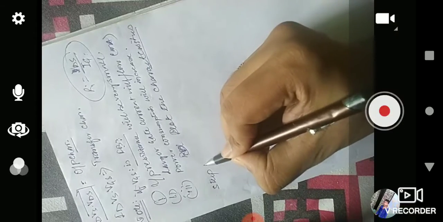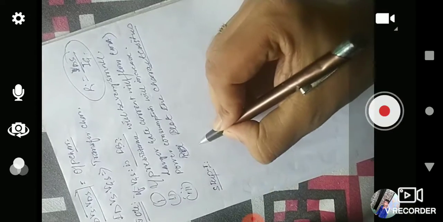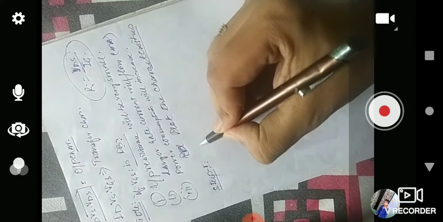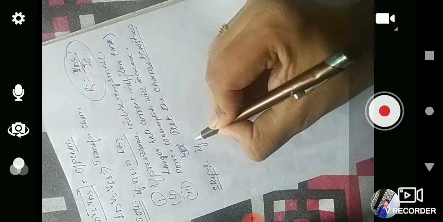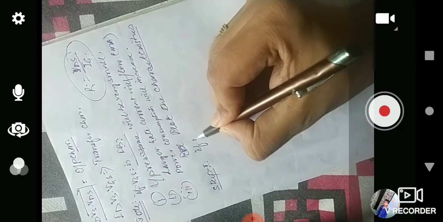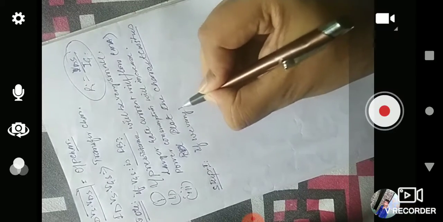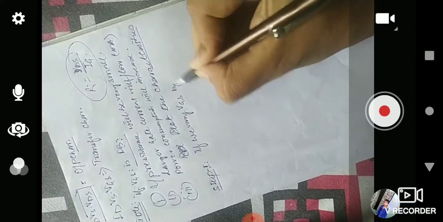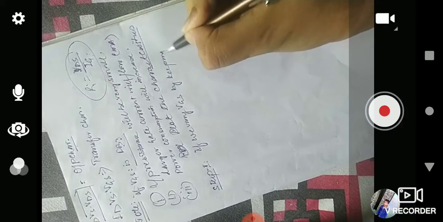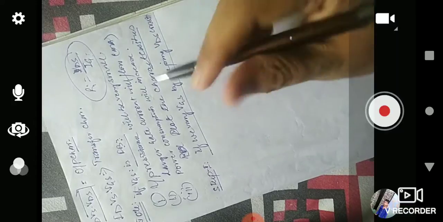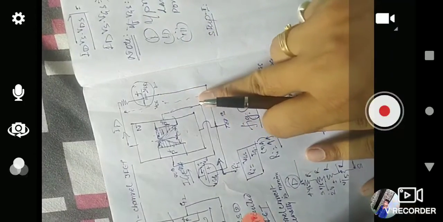Suppose in step 1, we vary VGS by keeping VDS constant. You can understand it from this figure here.